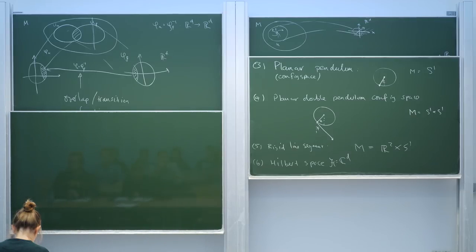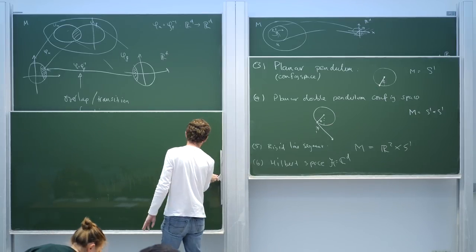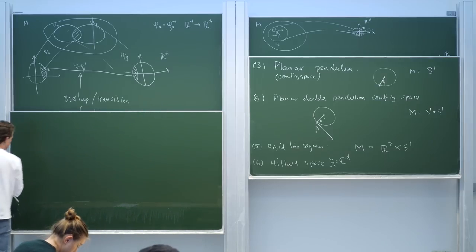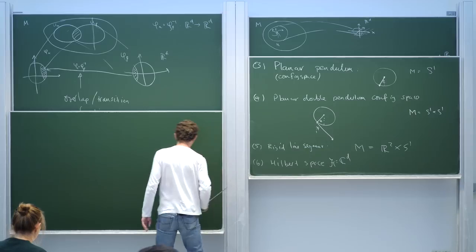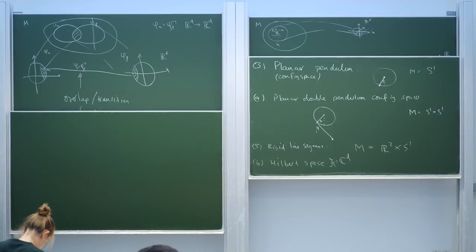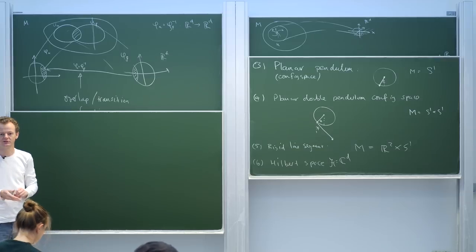I want to end with a nice way to construct examples. And really, I think this is the way most people think about manifolds anyway. Right? So there's this lovely abstract definition here, locally Euclidean space, homeomorphisms, transition functions, and so on.